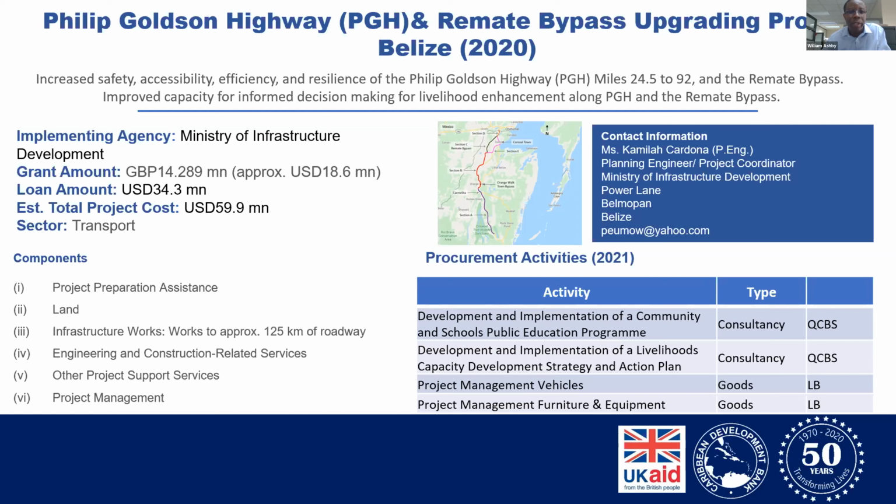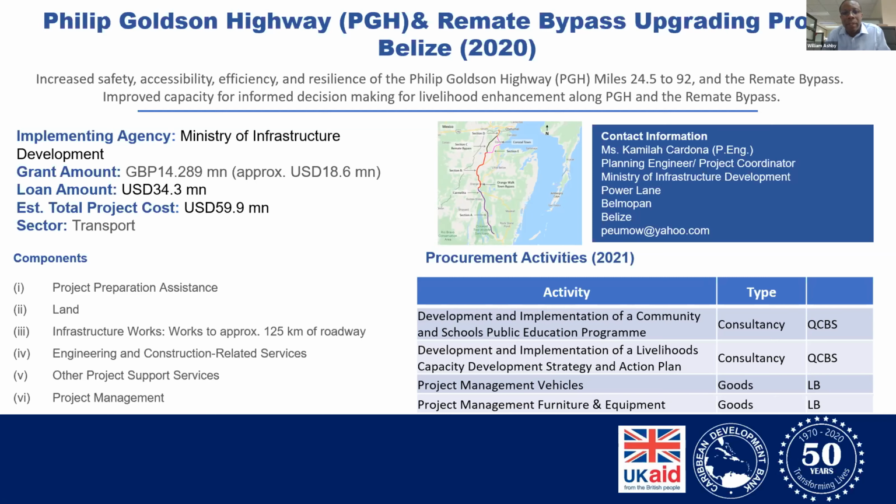And you'd see that project is about 125 kilometers of roadway. But there are useful opportunities that still remain: the development and implementation of a community and schools public education program. Since we've got these major road projects going through several communities, we can't just do the road works and be done with it.